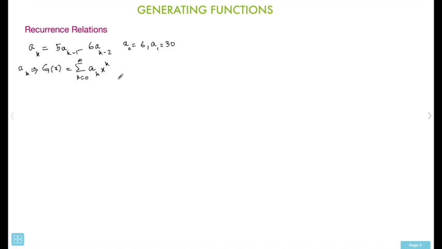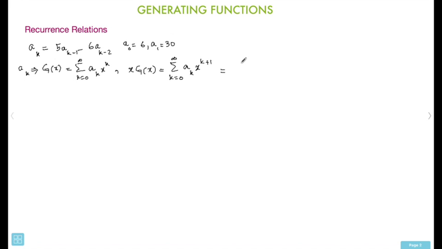Now what I can do is say x times g(x) is equal to the sum for k equal to 0 to infinity of a_k x to the k plus 1. Now I can play with the index here and write it as the sum for k equal to 1 to infinity of a_(k-1) x to the k.